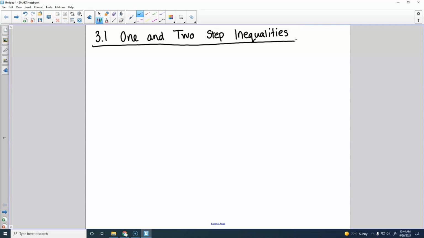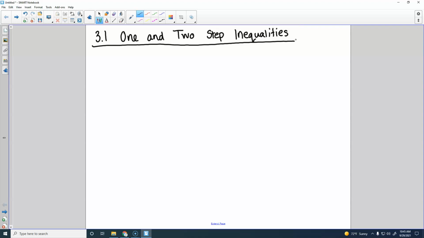1 and 2 step inequalities are going to be a lot like 1 and 2 step equations. Okay, so the first thing we just need to understand is what is an inequality and how is it different from an equation, because there is a slight difference.